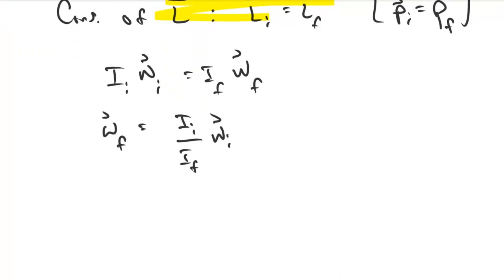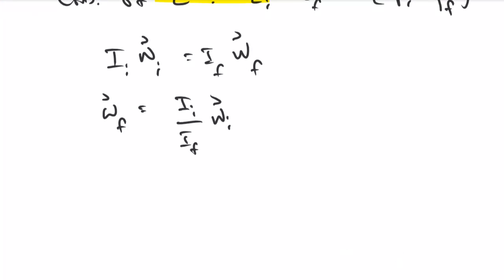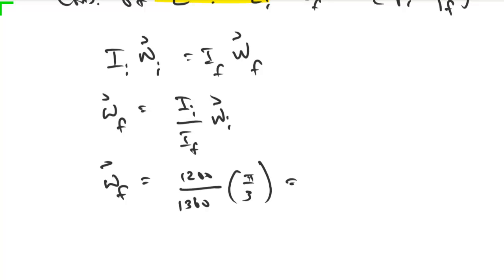So applying that to this, we have our final angular velocity is equal to 1200 over 1360 times pi over 3, right? And this comes out to omega final is 0.924 radians per second.